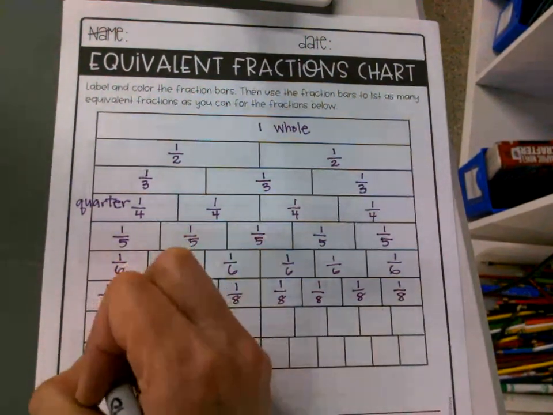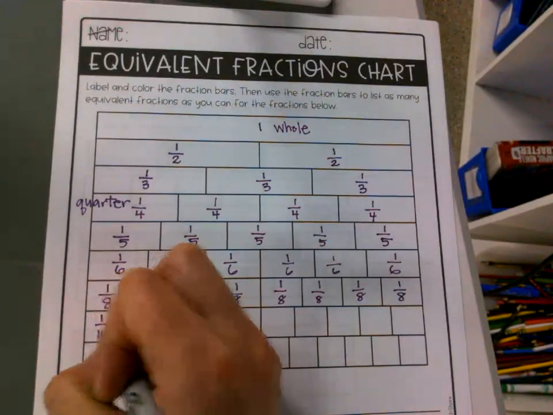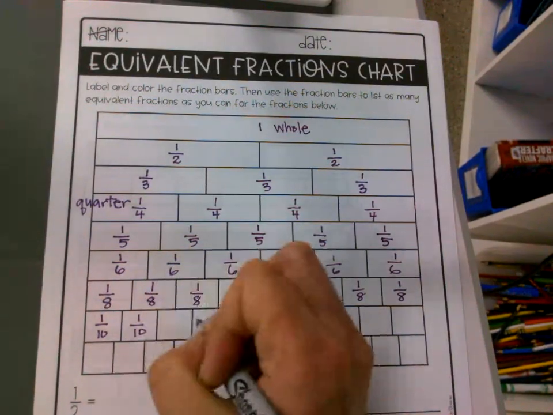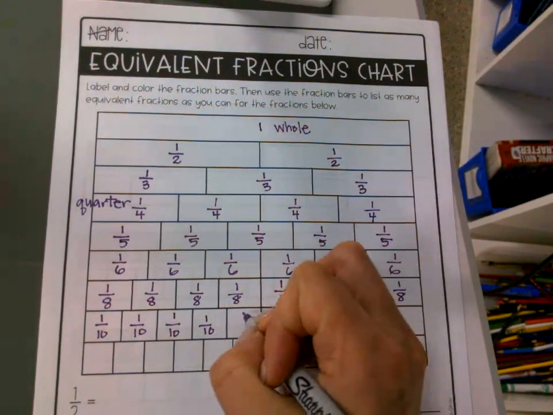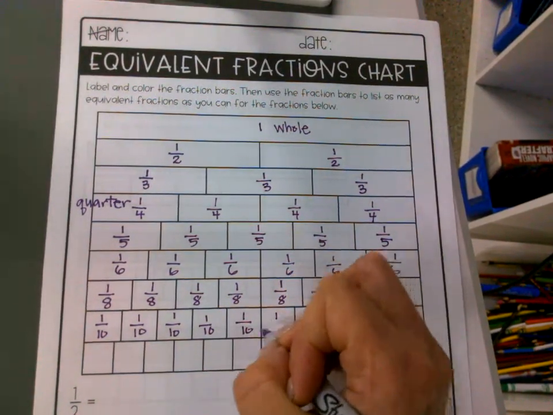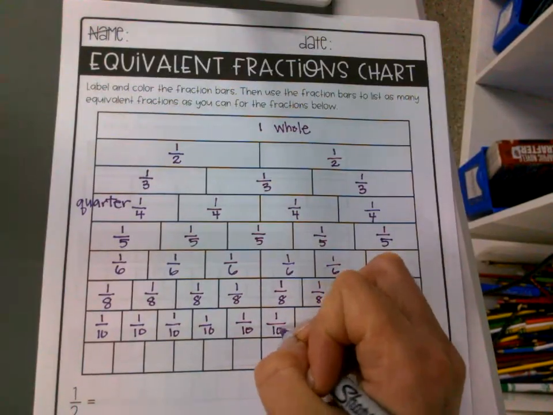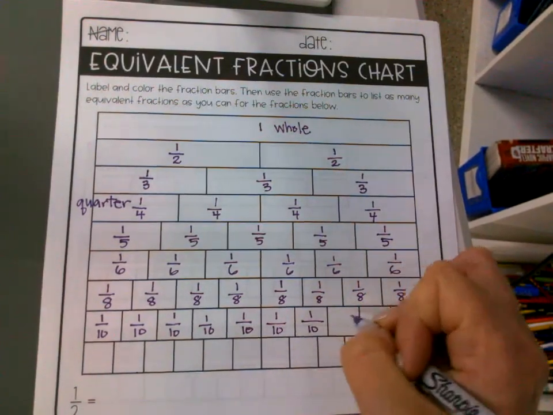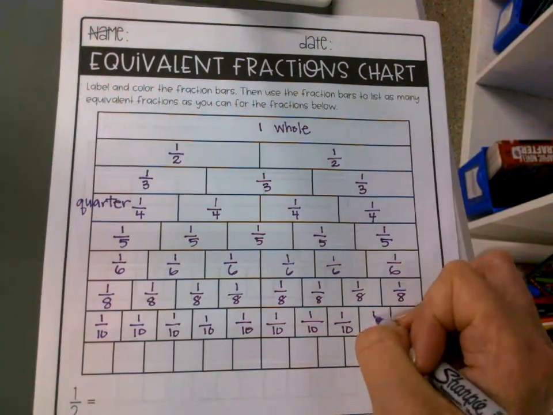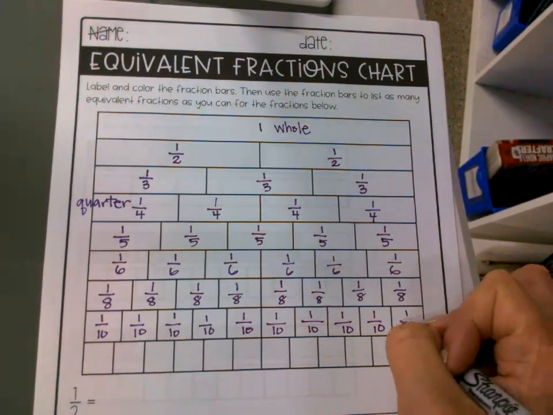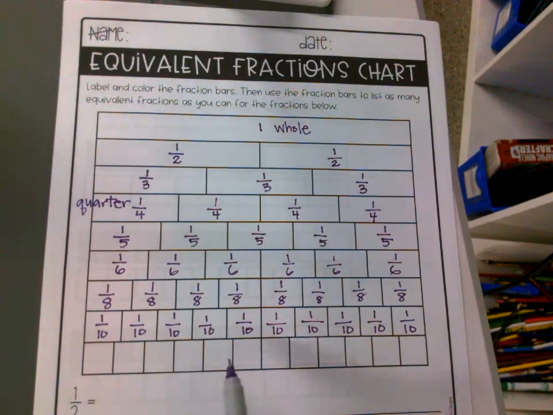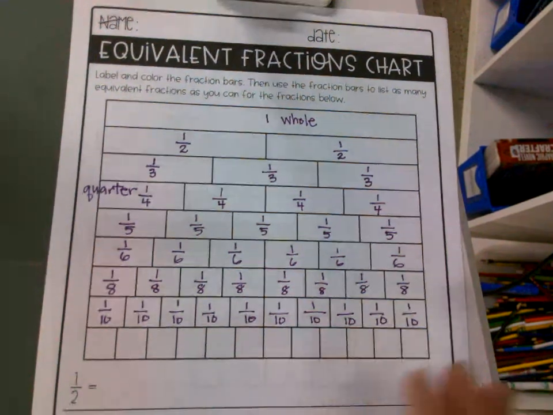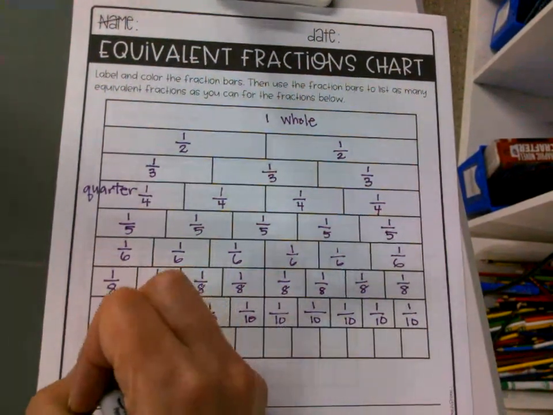These are tenths. And then we have 1, 2, 3, 4, 5, 6, 7, 8, 9, 10, 11, 12. Twelfths way at the bottom.